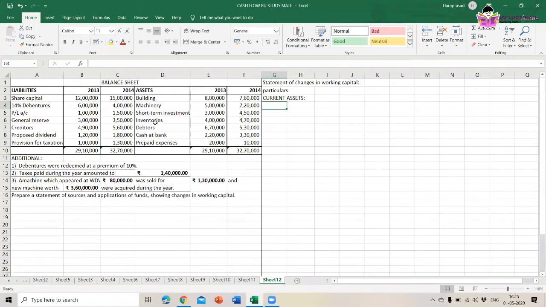Will prepaid expenses come or not? Yes, it will come. And then you write down the current liabilities also. In the current liabilities, what is there? Only creditors.